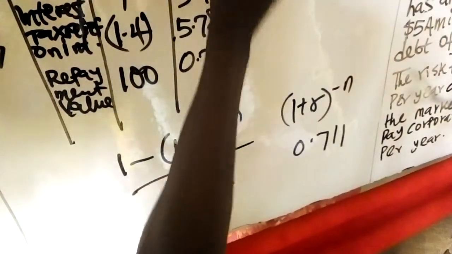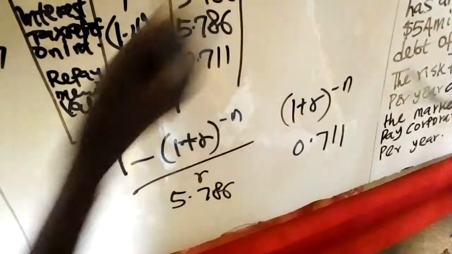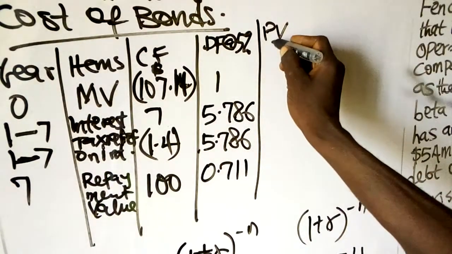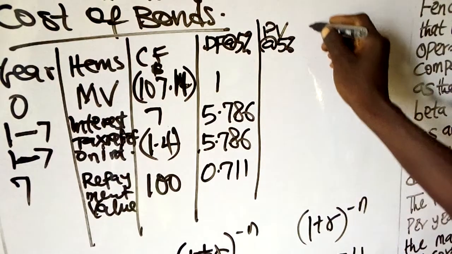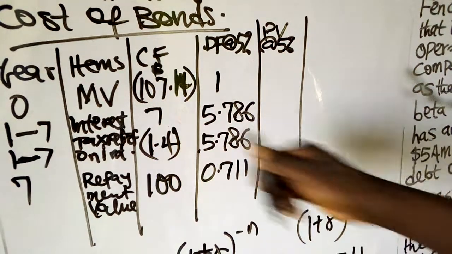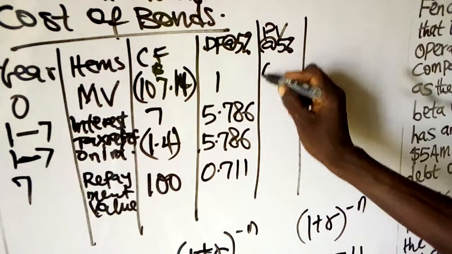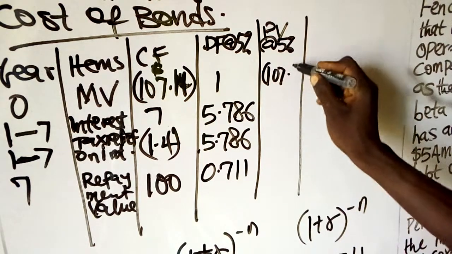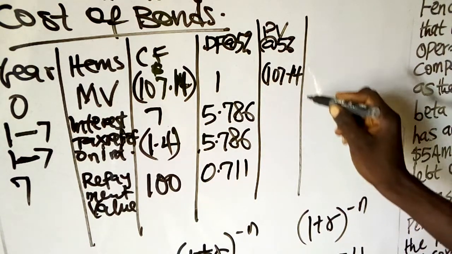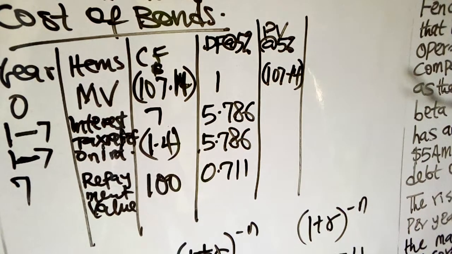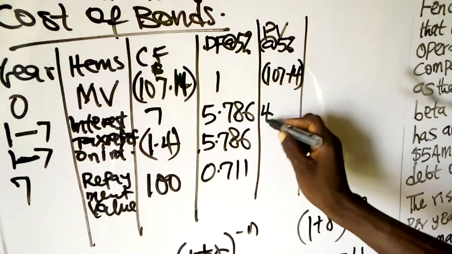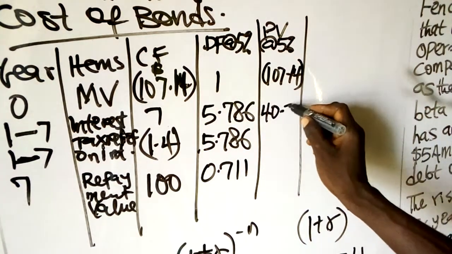Then you calculate the present value at 5% cost of capital. So 107.14 times 1 will be negative 107.14. Then 7 times 5.786 gives us 40.502.